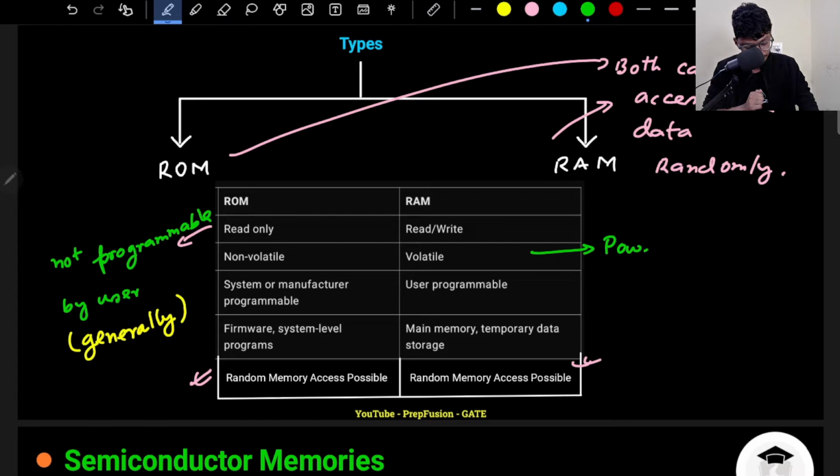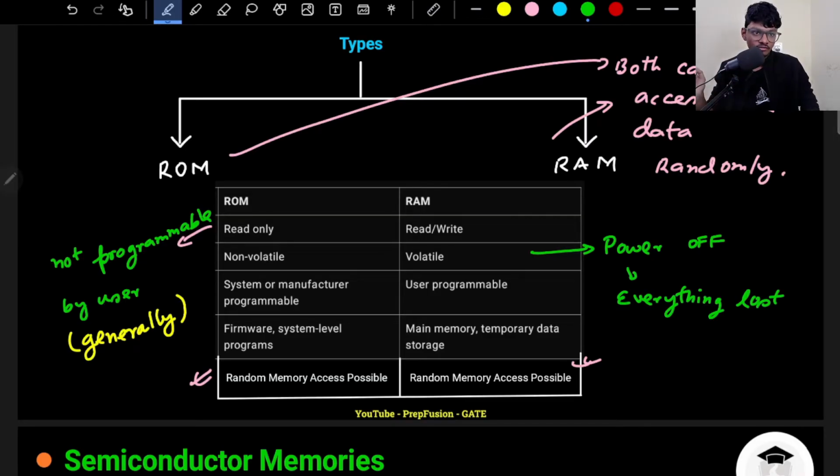Power off, and everything lost. But for non-volatile, even if I turn the power off, whatever data was there in the ROM will be present. It will be permanent, it will not be lost.